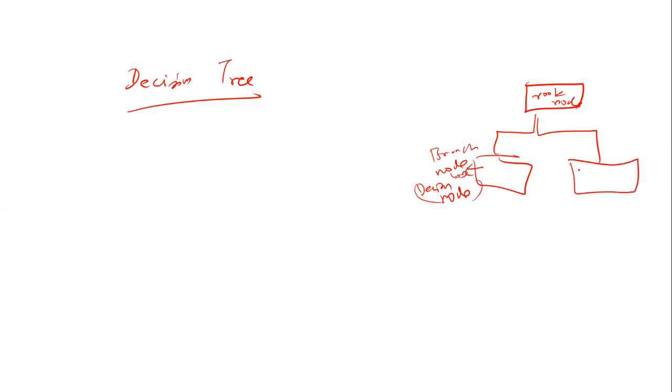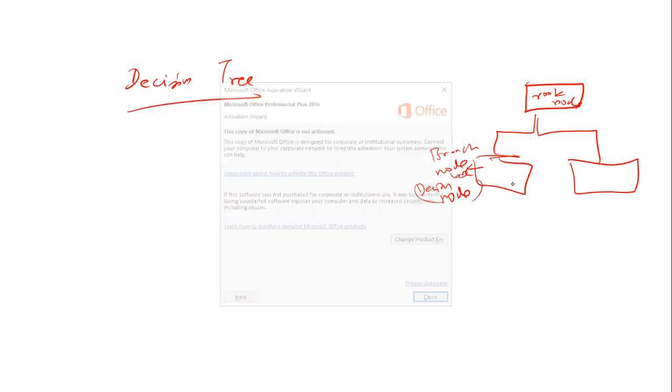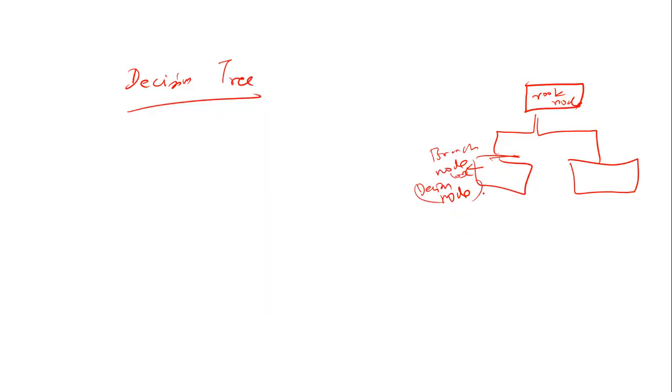Most of you would have used a flow chart during college time or during your other studies. This is your branch node, and then here again you will have something like a leaf node. This is called your leaf node. The leaf node is also called a terminal node.